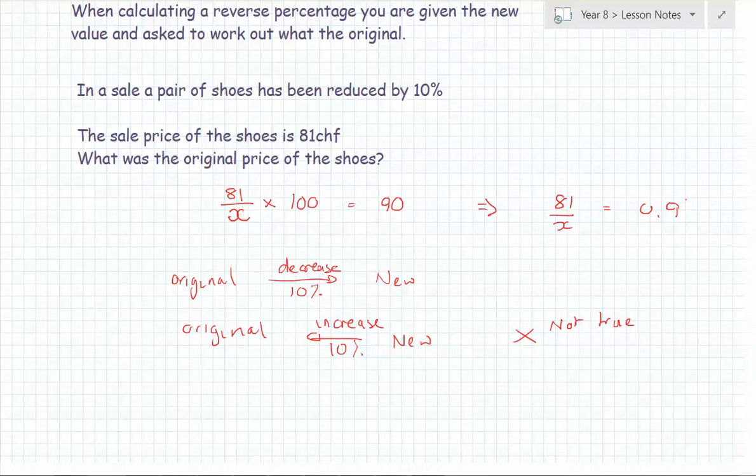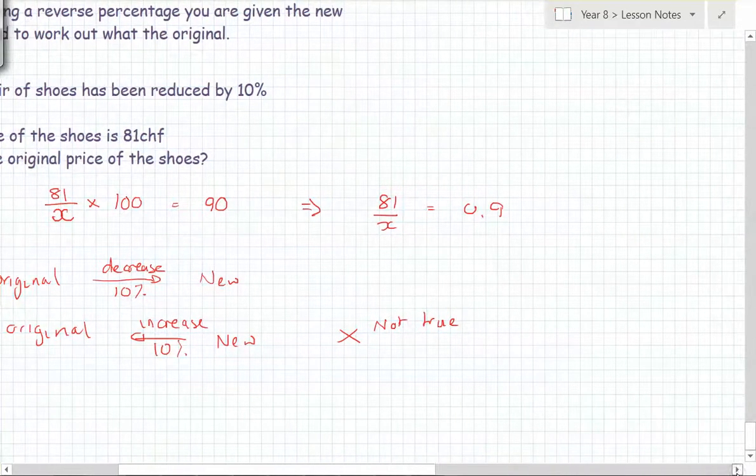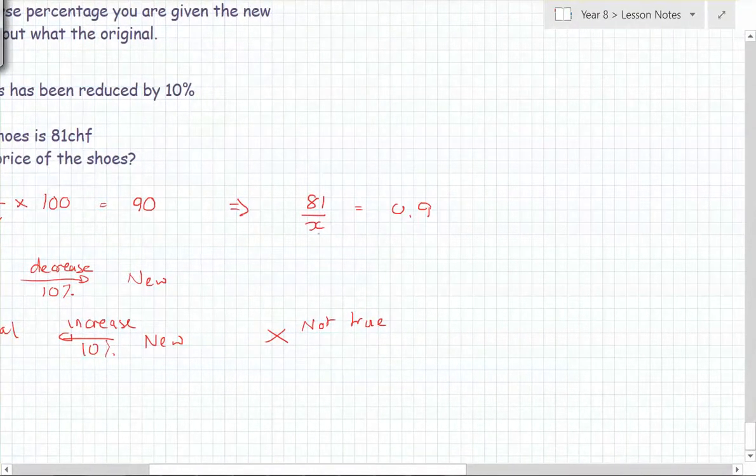So then what we can do, using our rearranging skills, is what? What do you think? If we've got 81 divided by something equals 0.9, how can I deal with that? Well, you times 100. That doesn't help, I just undid the times 100. 81 divided by 0.9. I can multiply by x both sides.